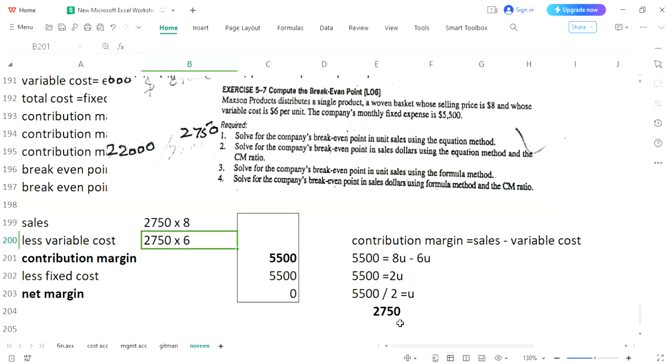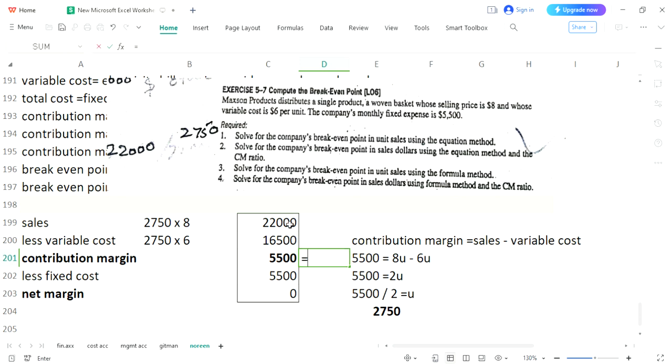This way your statement can be completed, and now you can use these amounts for your calculation. 2750 is multiplied by 8. So you have got your total sales. And your variable cost you can calculate: 2750 would be multiplied by 6. Cost has arrived. 5500 was already written over here, but we'll have to check how.